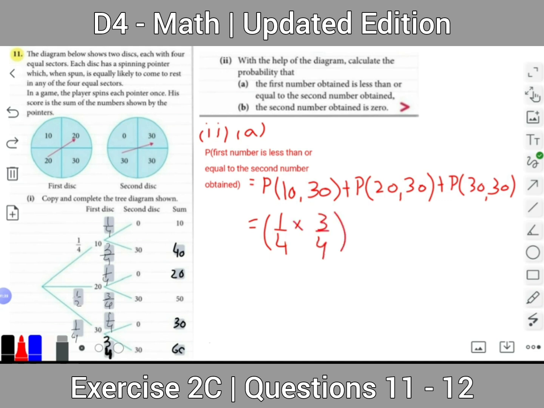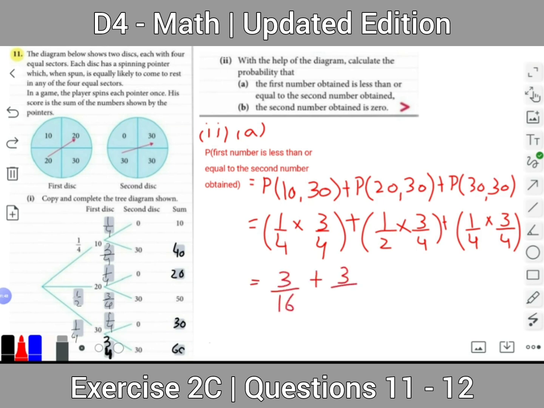Here we will multiply, plus the probability for 20 to occur on the first disk is 1 over 2, and for 30 we have 3 over 4. Now for 30 we have 1 over 4 on the first disk, and on the second disk we have again 3 over 4. Now we will multiply, so we get 3 over 16 plus 3 over 8 plus 3 over 16.